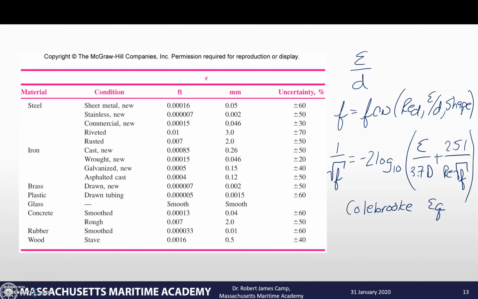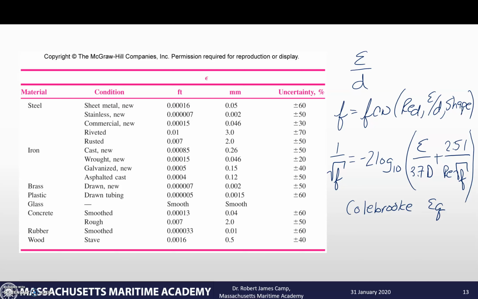Now, of course, aside from the fact that it's a log-based equation, we also have the square root of the Darcy friction factor on both sides. So this becomes a lot of guess and check when you're trying to calculate it out. That was in 1939.